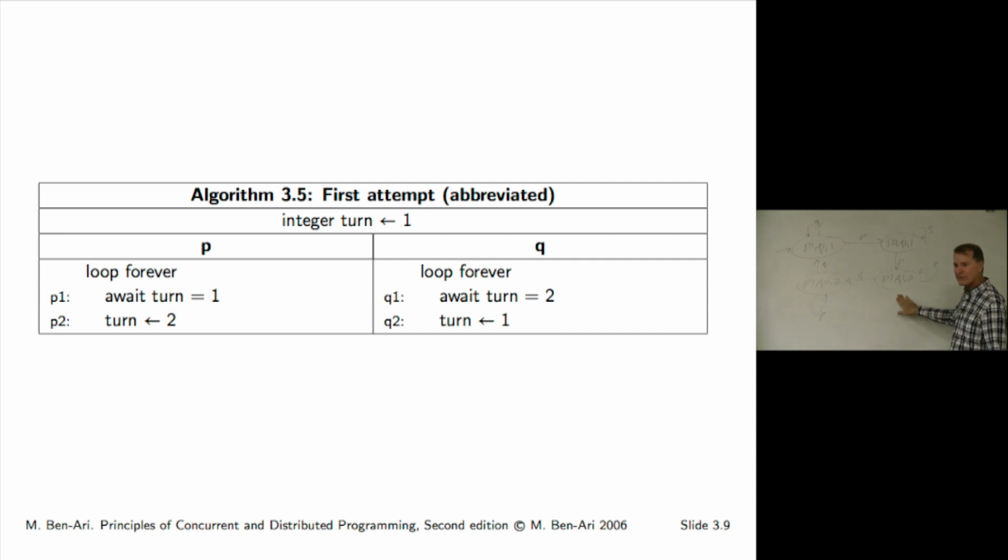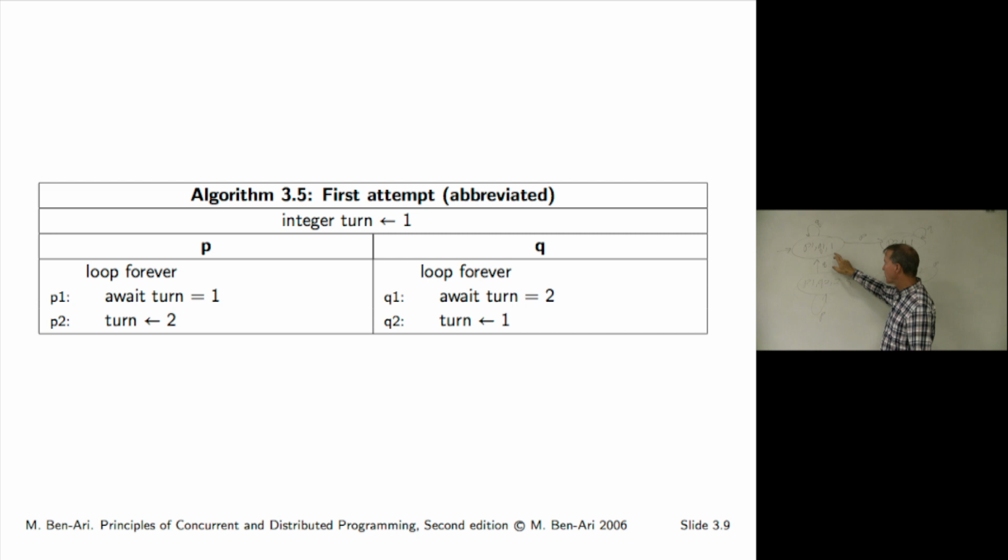Okay, so for it to be deadlock free, how do we check the state transition diagram? Well, what about P1, Q1? Here's P1, Q1. They're both trying to enter their critical section.